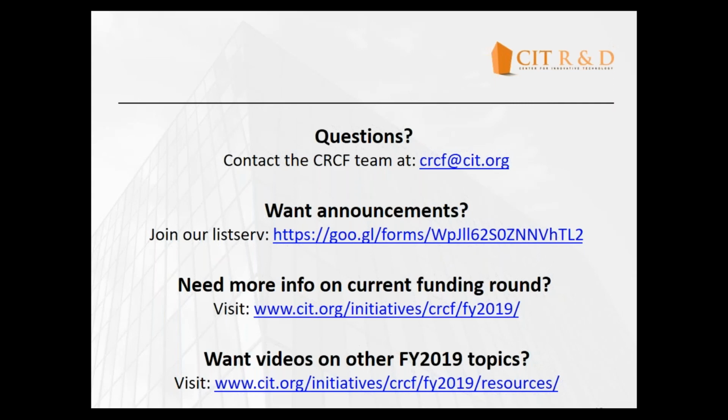Somebody says that they are currently working on a prototype that they plan to demonstrate in the spring. Can they update CIT with progress while their submission is being considered? So our recommendation would be that you mention this information in your proposal and that you say that an update would be available after your prototype demonstration.